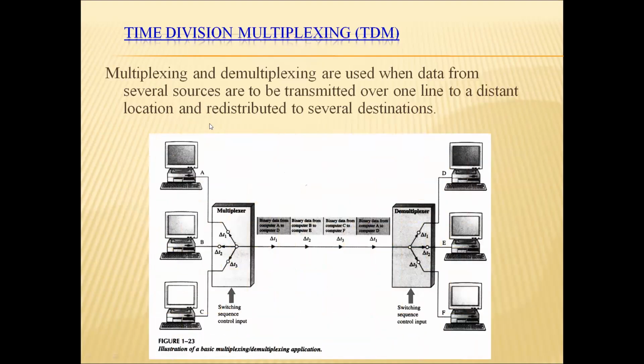Multiplexing and demultiplexing are used when data from several sources are to be transmitted over one line to a distant location and redistributed to several destinations. So we require multiplexing and demultiplexing. The very famous one is TDM, time division multiplexing, where we are collecting the data with respect to time, and we are feeding the data into our channel.